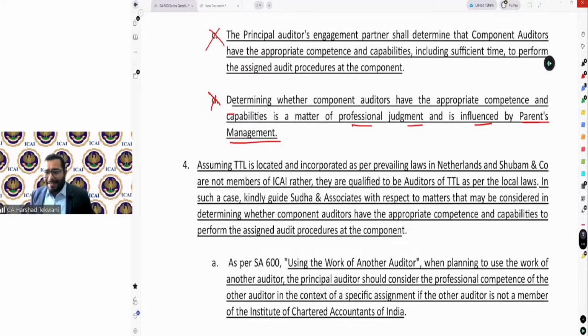Assuming they are in the Netherlands, and I consider that I cannot rely upon the work being performed because of a lot of differences in the way they are performing the work. I'll give you one good example. Let's say instead of audit, they are performing a limited review. They are not performing a full-fledged audit, but a limited review. Then what will happen?